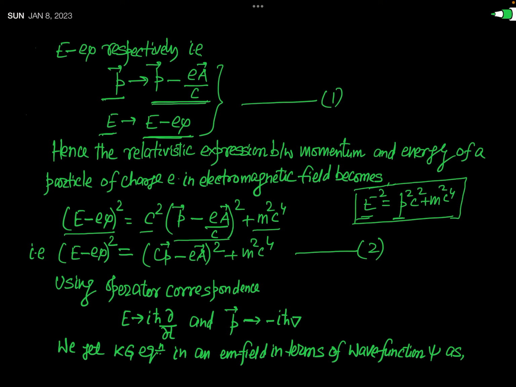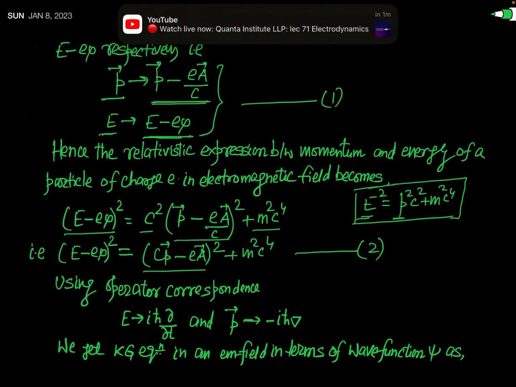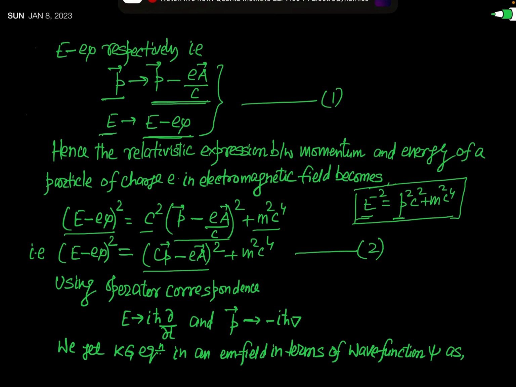Now you can simplify this RHS to some extent. You can take this c as LCM, and when you take this c as LCM, the result will simply be cP minus eA whole square, because this c square in the denominator will cancel with this c square in the numerator.